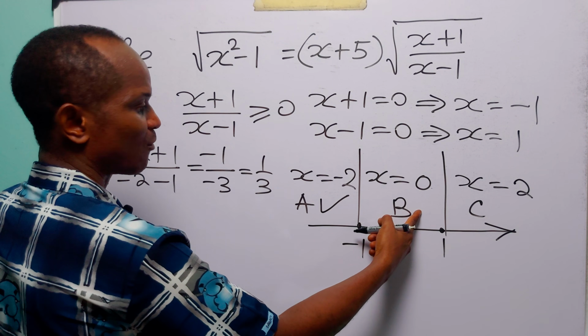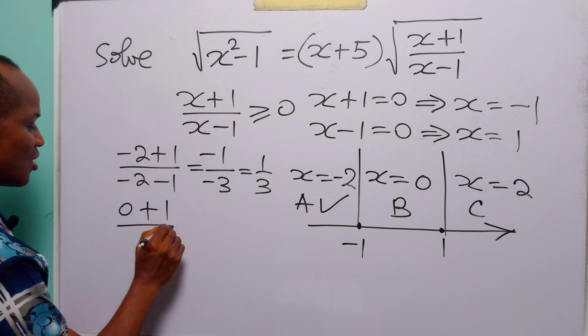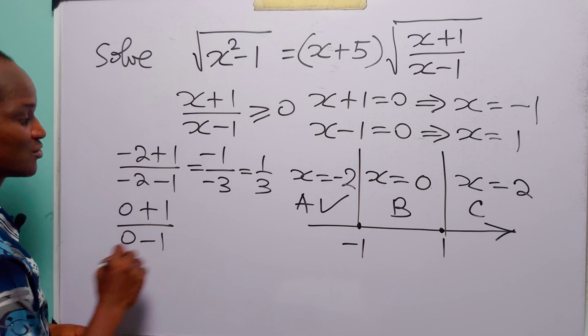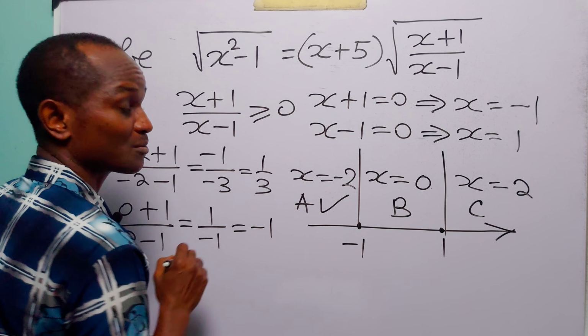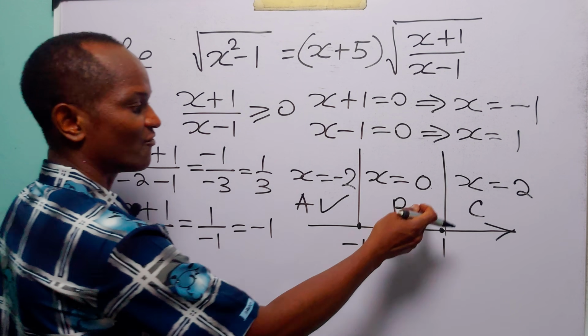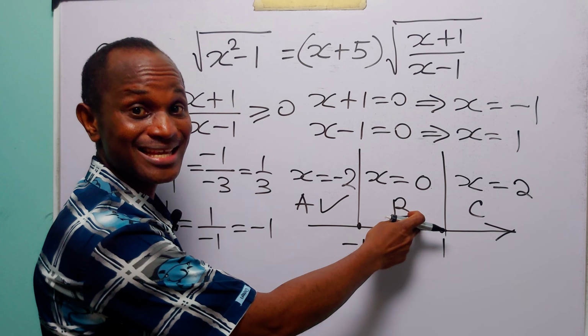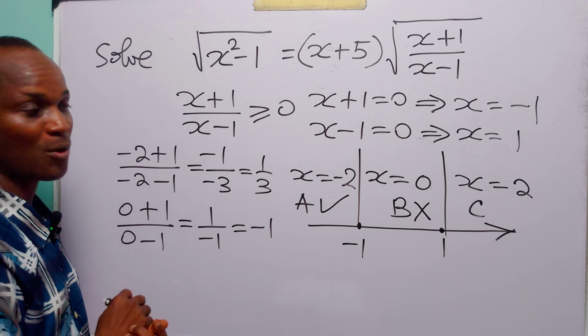When x is equal to 0, we have (0 plus 1) over (0 minus 1). This is equal to 1 over minus 1, which is equal to minus 1. This is negative. So that simply means that values of x that lie within region B do not satisfy this inequality.